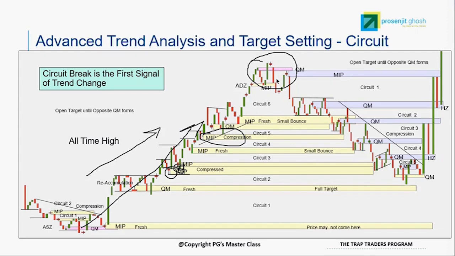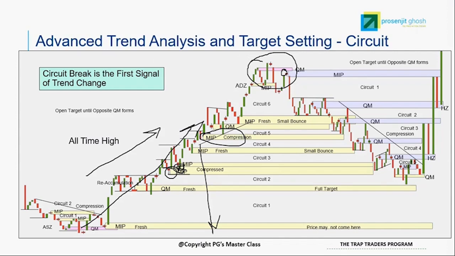So if you are taking a trade here, you can book the trade at this point. This is how you can also make money, and you can continuously trade the circuit. You don't have to fear that the circuit will break and price will go down. That does not happen. It can happen only if there is complete compression. Okay.